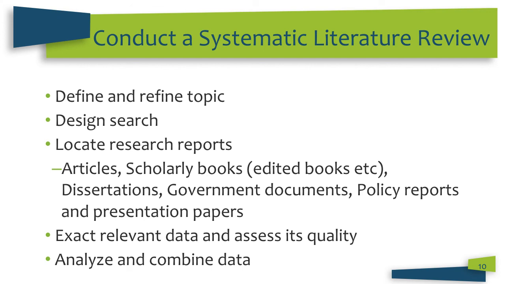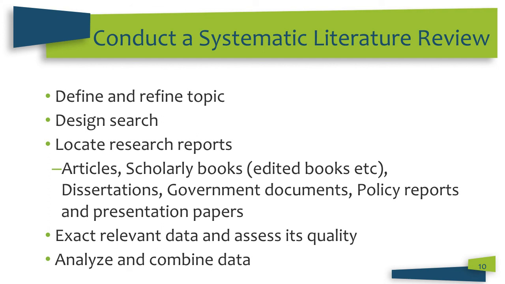So once you've defined and refined your topic, you need to design a search. What type of reviews would you conduct? What would be the extensiveness of those reviews, and what type of materials would you use? You have to be careful with it, systematic with it, and organized with it. Once you have designed your search, you need to locate those reports that you've decided to locate. It could be articles, books, edited books, PhD, MS thesis, dissertations, government documents, anything.